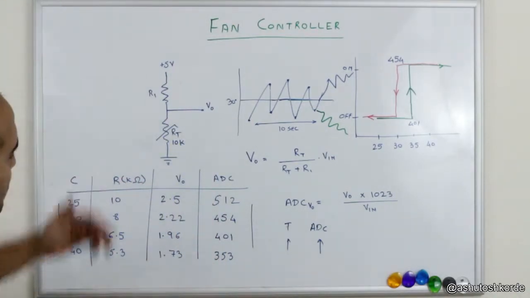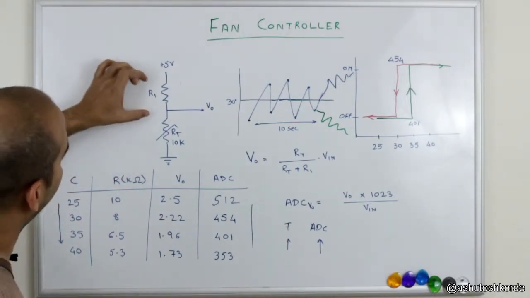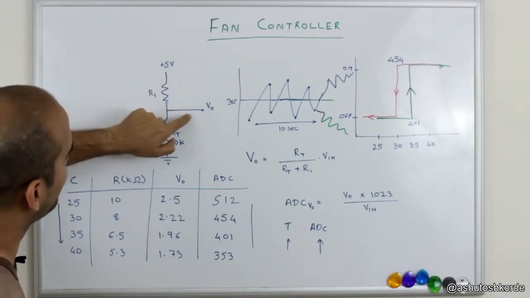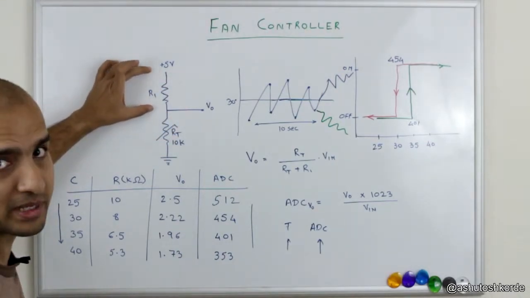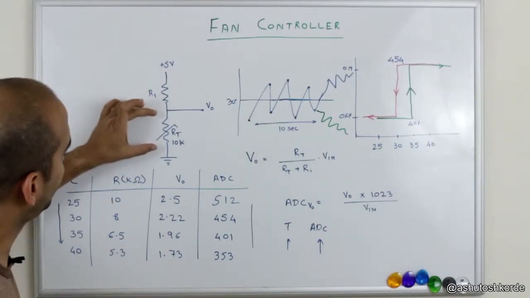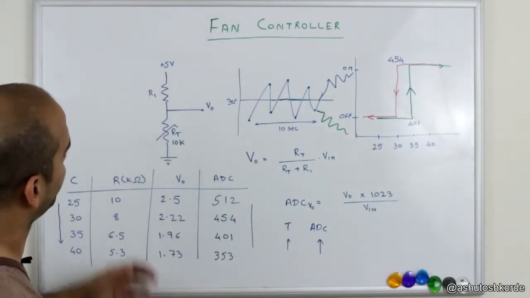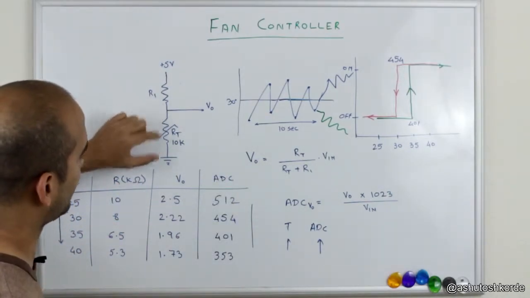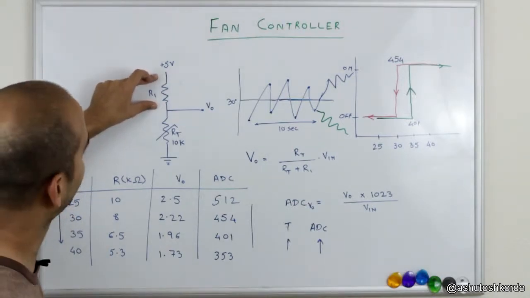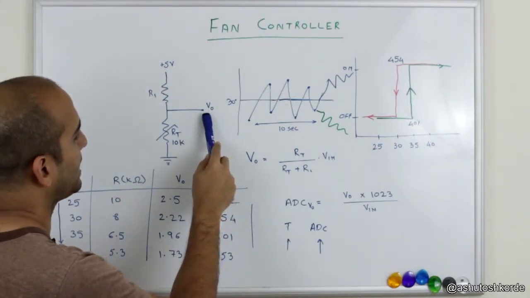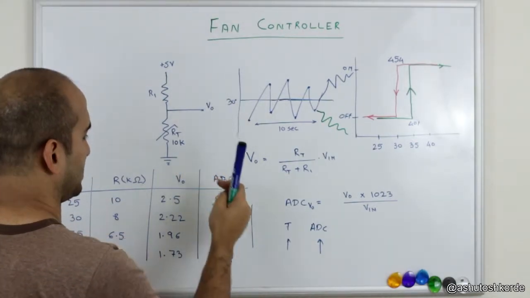Now when we do this, whenever the temperature changes, the resistance R1 across which we are reading remains constant, and the drop across RT is going to decrease. Now what would happen if the drop across RT decreases? The drop across R1 will increase, and effectively we will get higher readings on V0 as the temperature increases.